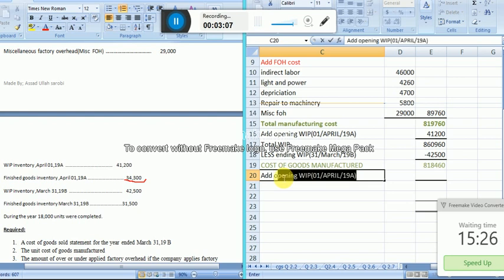So add opening finished goods. Opening finished goods means the finished goods on 1st of April 19A.